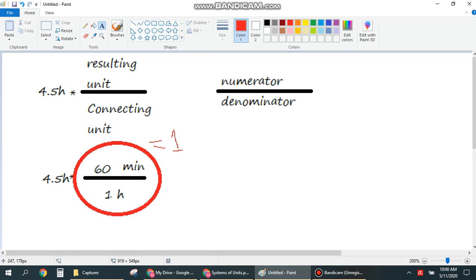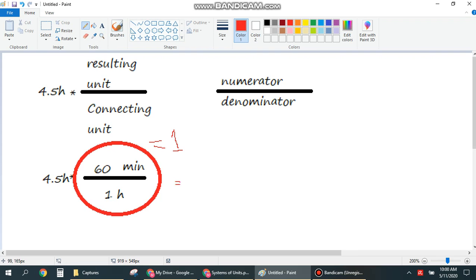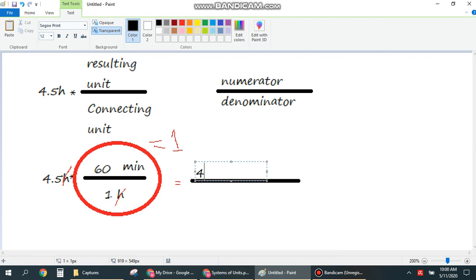So now I can cancel out hours and hours. This hour and this hour are going to cancel out. So I'm going to get 4.5 times 60, and the result is going to be in minutes.